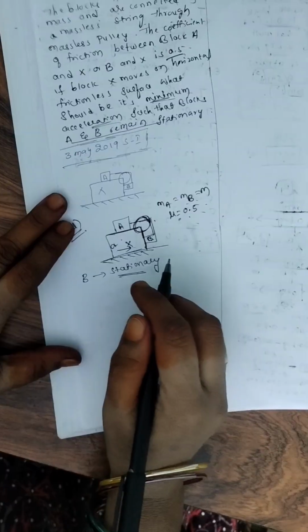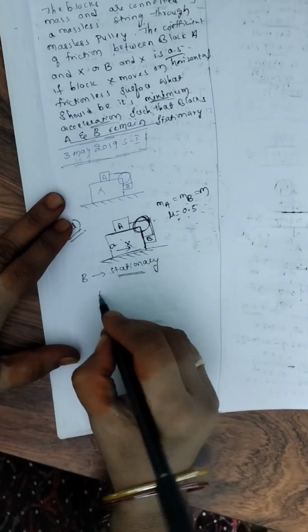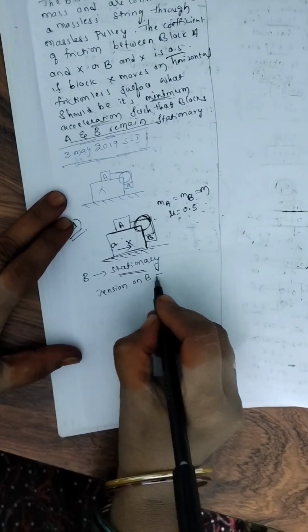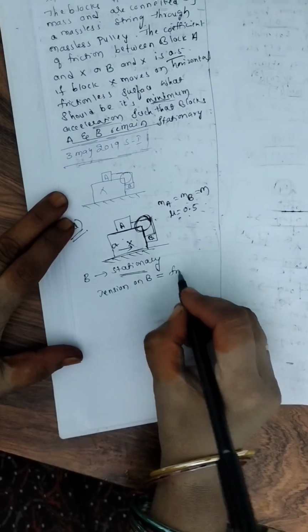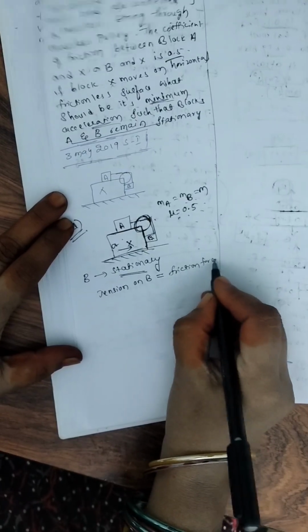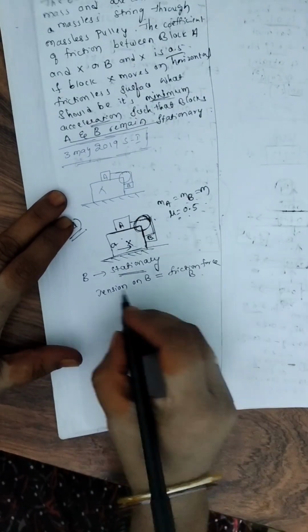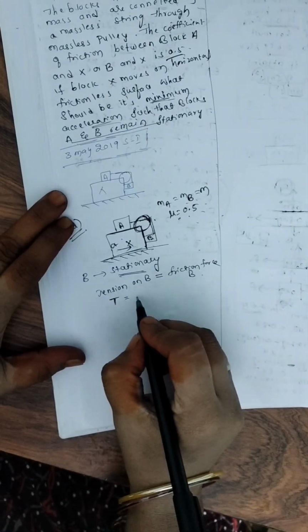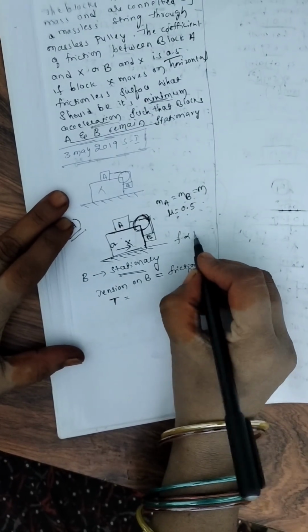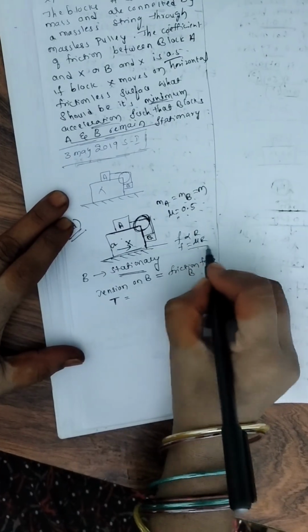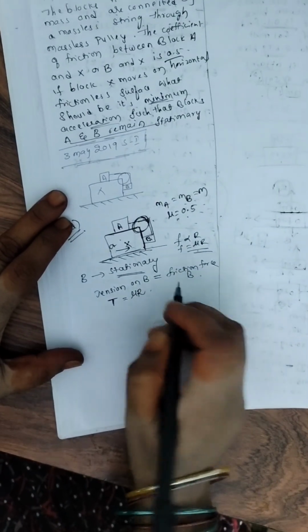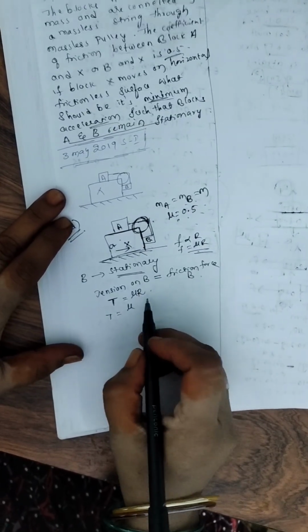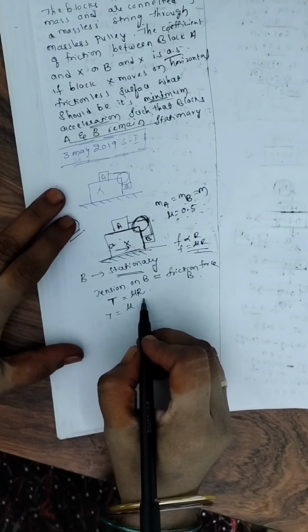So in order to make block B remain stationary, the tension on block B must be equal to the friction force on block B. Assume the tension as T. The frictional force formula is F proportional to R, F is equal to mu R. So T is equal to mu R. Now what will be R?